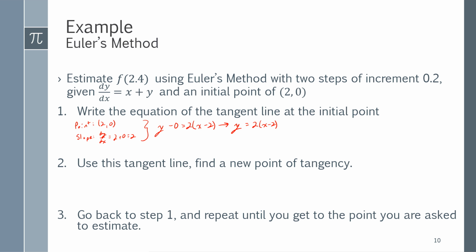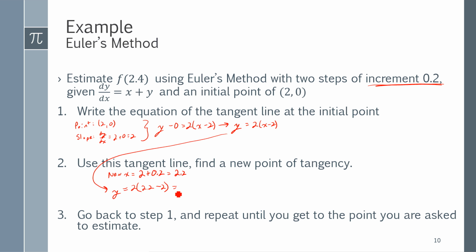And using this tangent line, I'm going to find a new point of tangency. To do this, I need to know what a new x is. So my new x is going to be 2 plus my increment of 0.2. So my new x is 2.2. I'm going to take this tangent line and see what the y value is when x is 2.2.